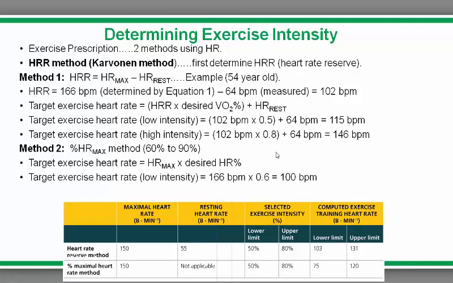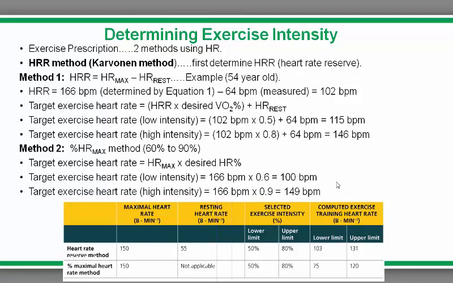And so if we go with a low intensity, and if we define a low intensity at 60%, then we would just multiply that by the person's maximum heart rate that we determined from equation 1. And we would be targeting a heart rate of 100 beats per minute, and these are rounded values.